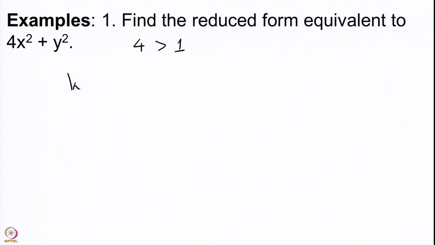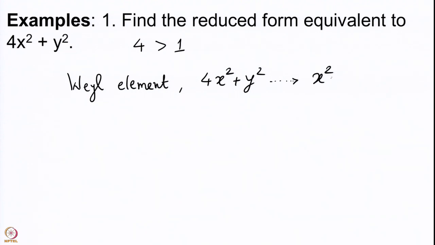We apply the Weil element, which will then make 4x square plus y square transform to x square plus 4y square.